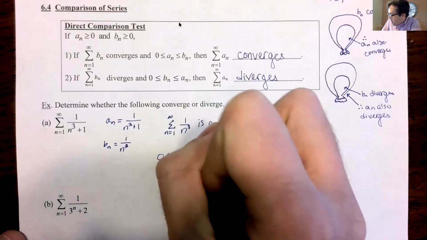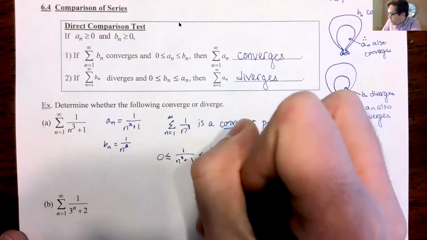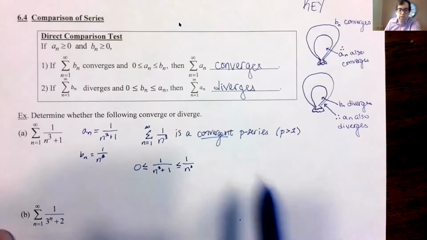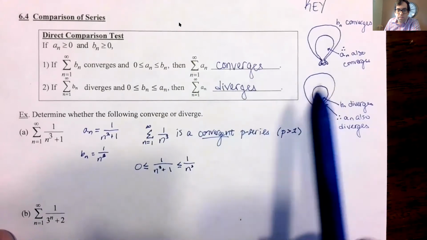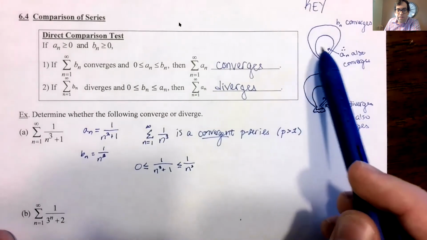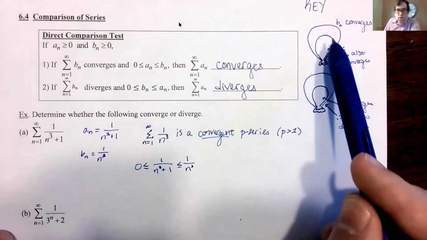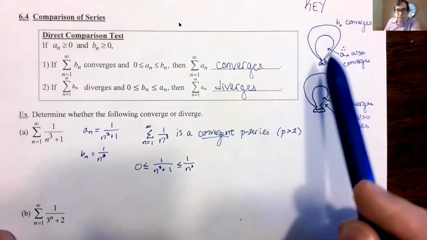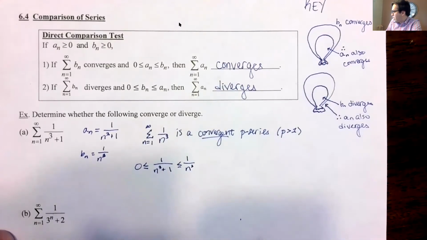So that a sub n actually goes first before the b sub n. So think about this in terms of our balloons. 1 over n cubed was convergent, which is our b sub n up here. And now we have an a sub n, 1 over n cubed plus 1, that we just showed is always smaller. So this balloon has to fit inside of the other one. And if the other one has a finite sum, this one's also going to have a finite sum.